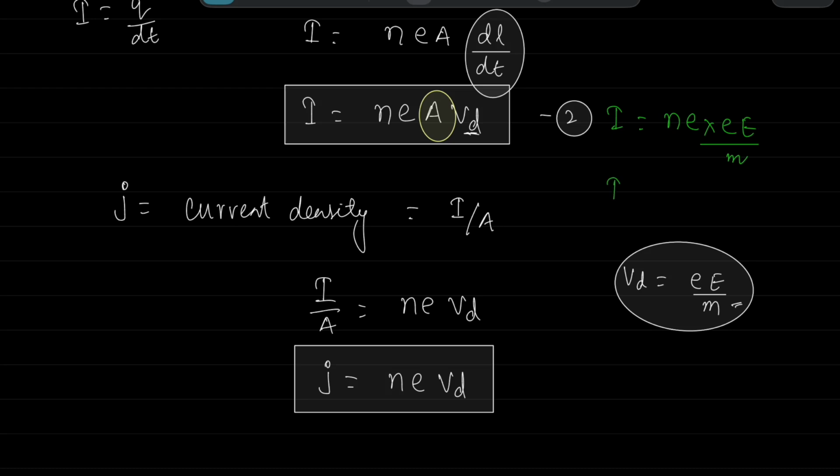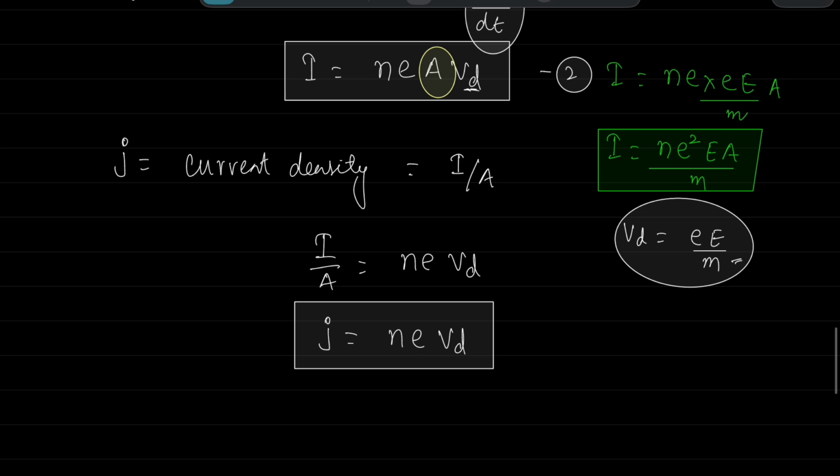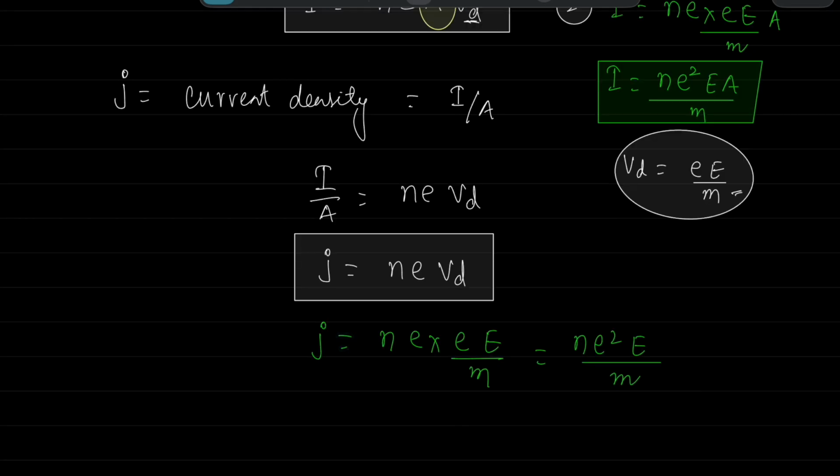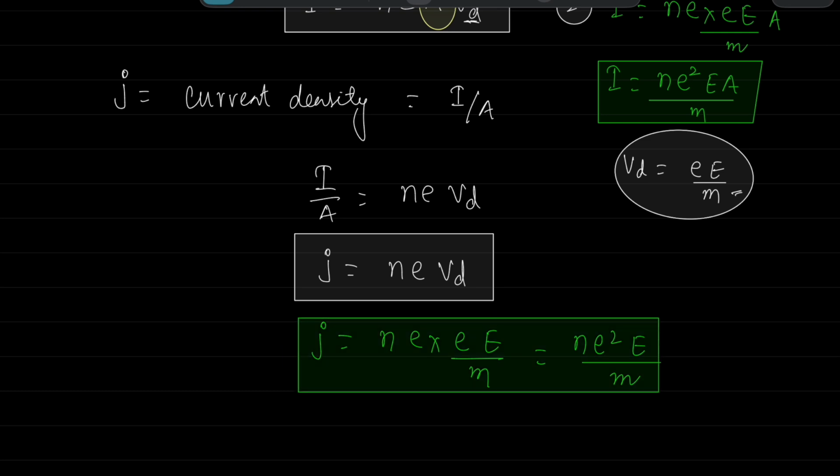So I is equal to n e square, here A is also present, capital E capital A by m. This is another formula based on electric field. And in terms of J, what can we write? J is equal to n e into small e capital E by m, so it is equal to n e square capital E by m. So these are the formulas we can derive from the drift velocity chapter.